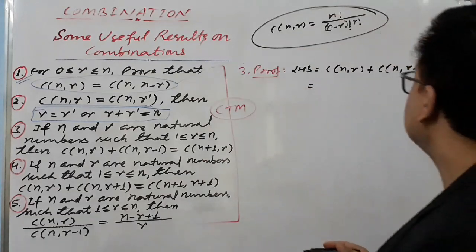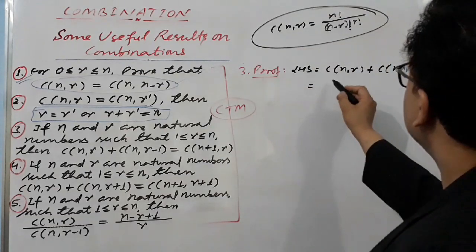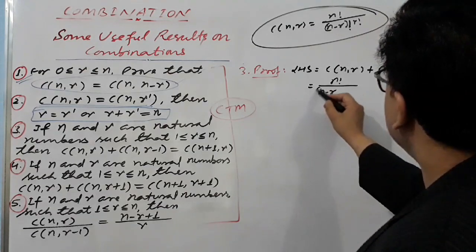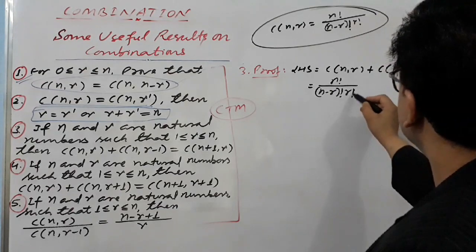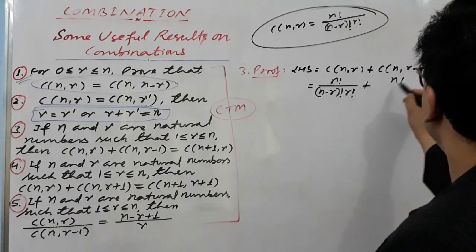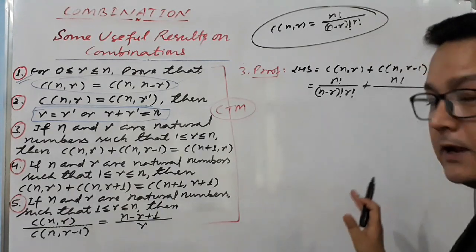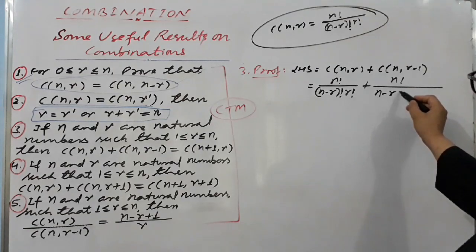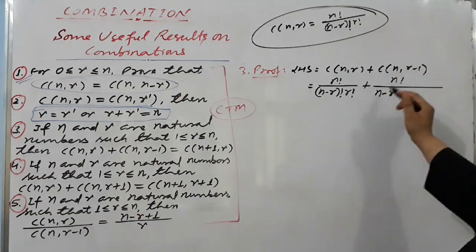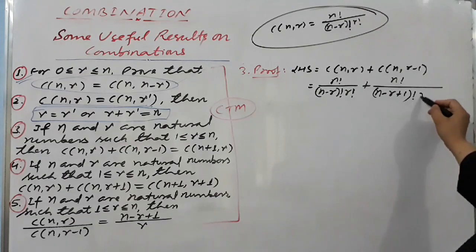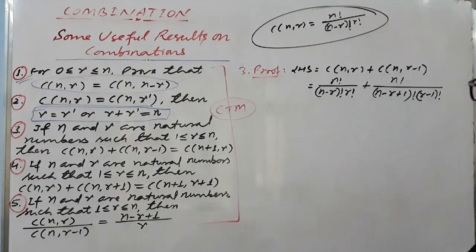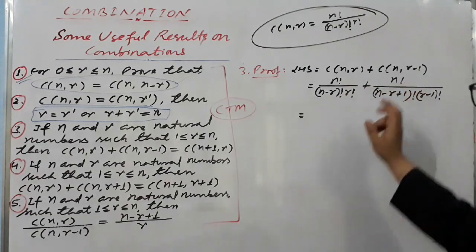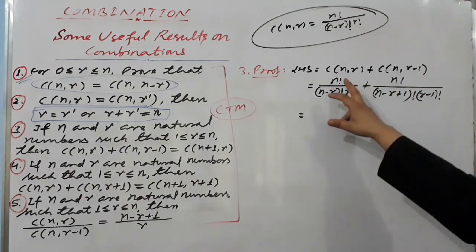Using this theorem, let's write n factorial upon n minus r factorial times r factorial, and plus here n factorial upon, see very carefully, very important one, n minus r plus 1 factorial and r minus 1 factorial.